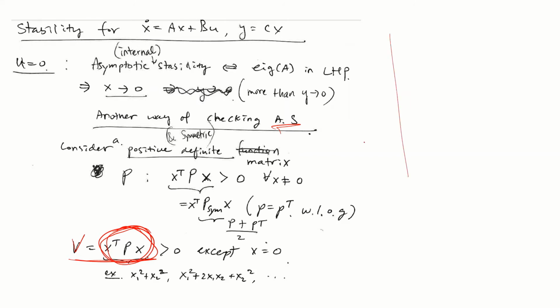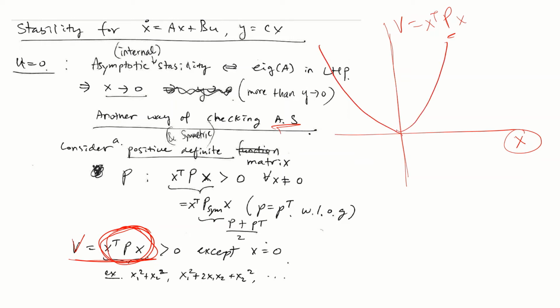Suppose this x-axis is x. I mean, this is not a scalar, it's a vector in general. And now this y-axis is V for this x transpose Px. You have a certain matrix, and x transpose and x multiplied, and then you are going to have a certain function like this.